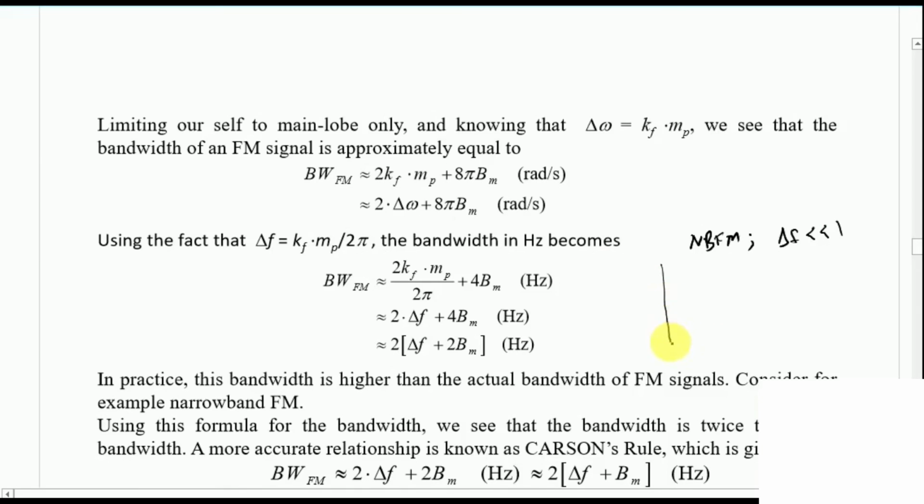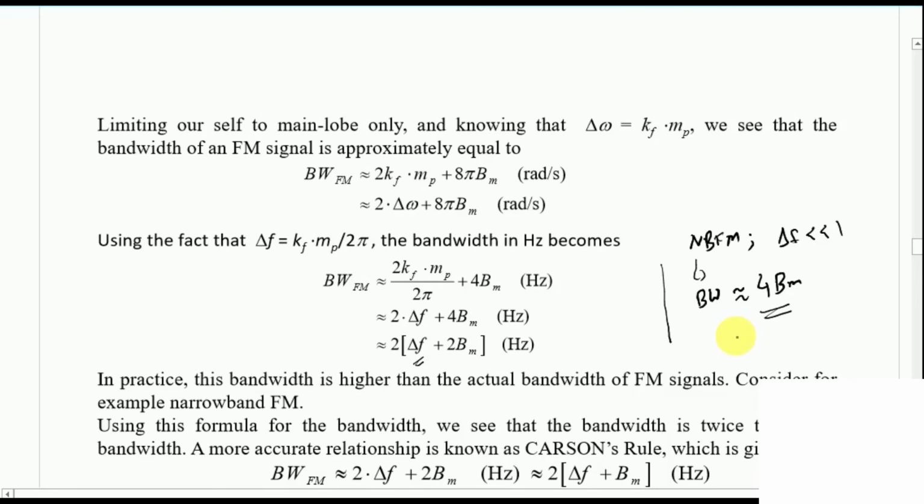So if it is much smaller than 1, that means this delta f is approximately equal to 0, and if this is approximately equal to 0, then for narrowband FM the bandwidth is approximately equal to, this would become 0, 4 bm, but this is an overestimate. For narrowband FM we have claimed that the bandwidth is actually 2 bm, not 4 bm.